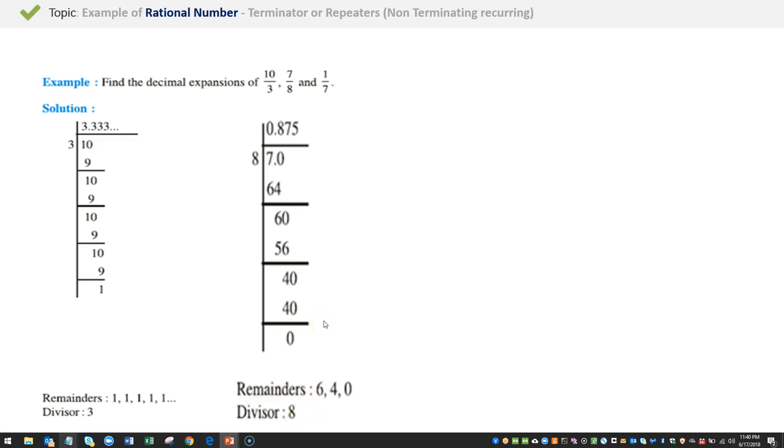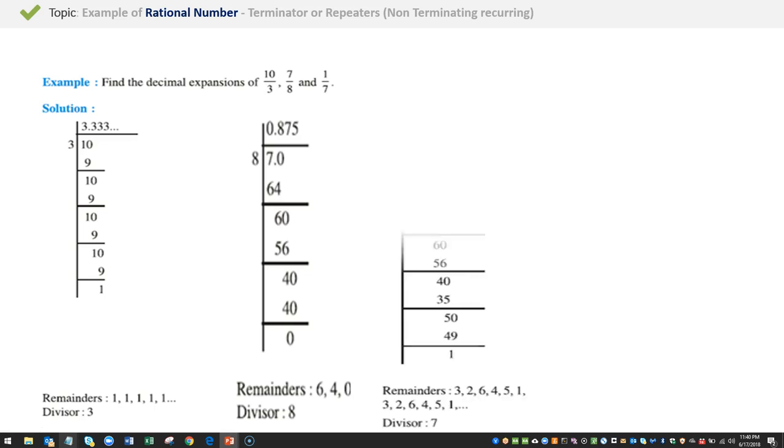This is an example where the decimal value terminates. This is a terminator example where when you convert 7 by 8 to decimal, it terminates after 3 decimal values. And hence it is a rational number.